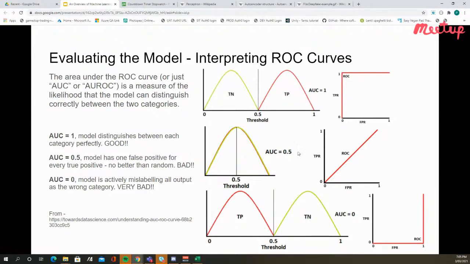Now, if your curve looks like this, then that means for every false positive, there's a true positive, and vice versa, which means that your model is no better than random or tossing a coin at classifying between the two categories.